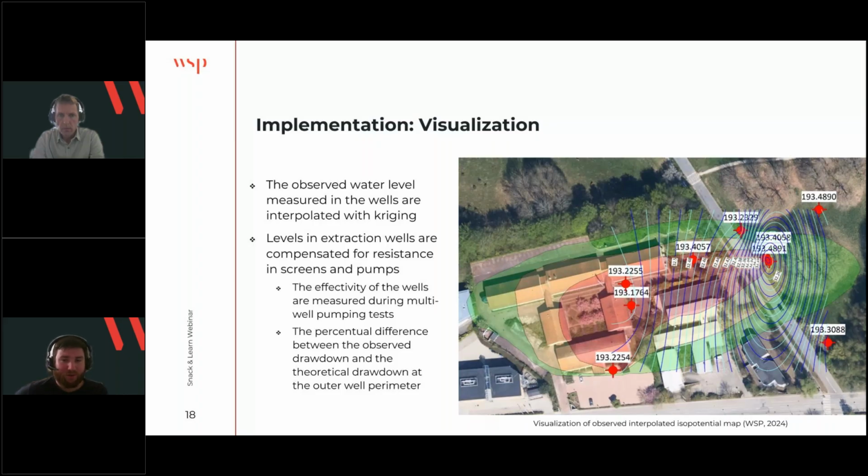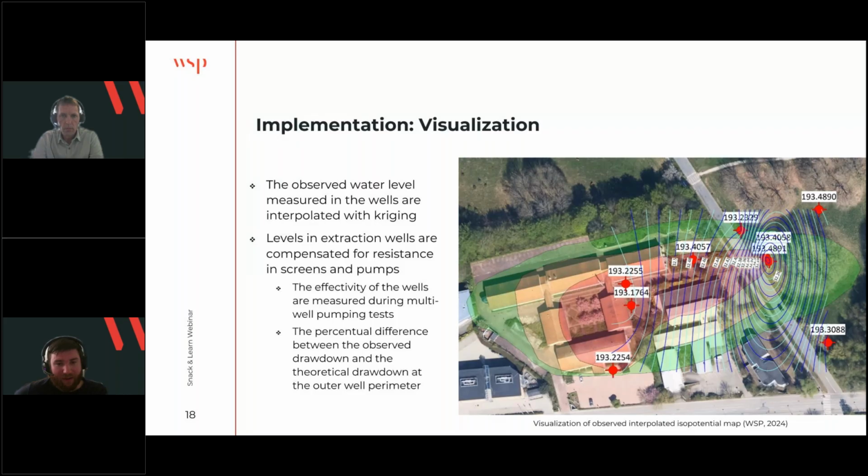But we also use the level from the extraction wells, and we can do that because they are compensated for the resistance in the screens and in the pumps. And the compensation happens with the use of the efficiency, and we find that during a multi-well pumping test. And the efficiency of the well is defined as the percentual difference between the observed and the theoretical drawdown at the outer well perimeter.